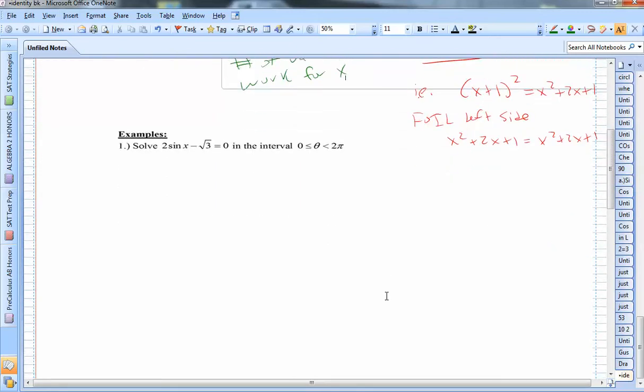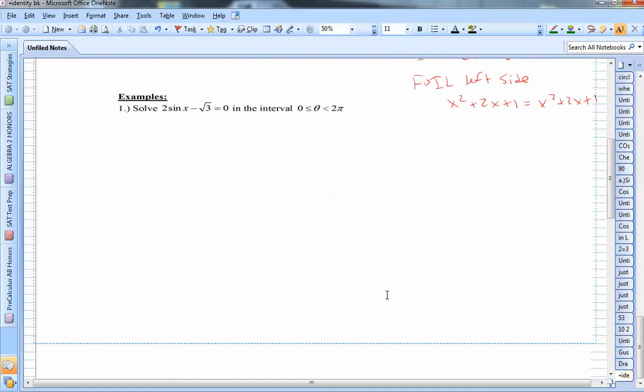So let's start with number 1. You're asked to solve 2 sin x minus root 3 equals 0. Now, like most equations, we want to isolate x. But how?